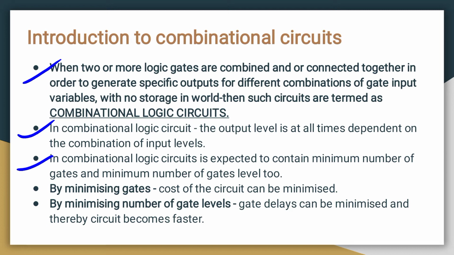Clear? Next, by minimizing gates we can control the cost of the circuit, and by minimizing the number of gate levels we can minimize the delay. That means when we have the gate levels minimum, we have minimum delay.